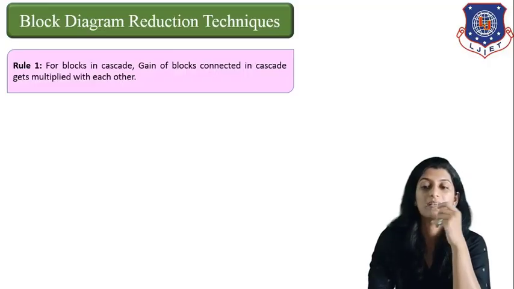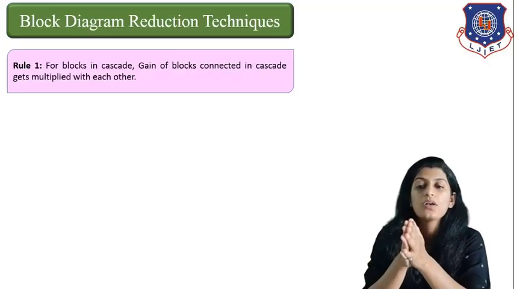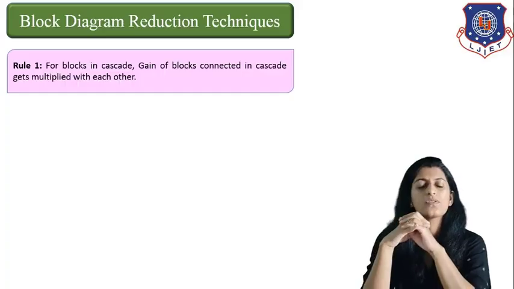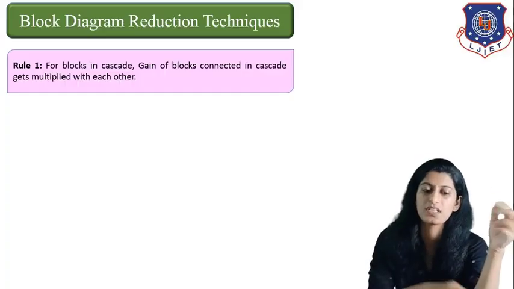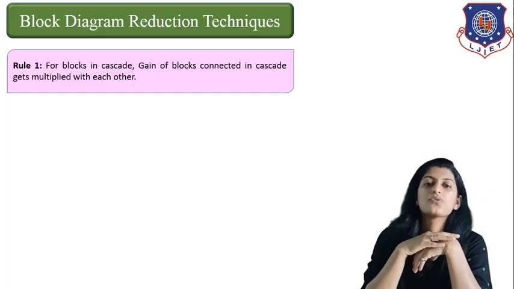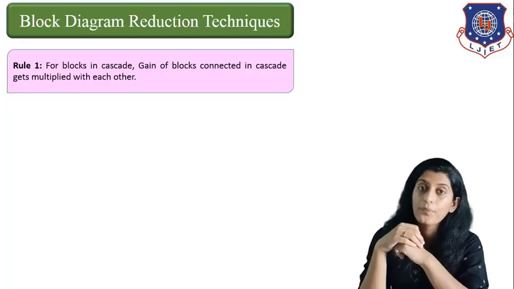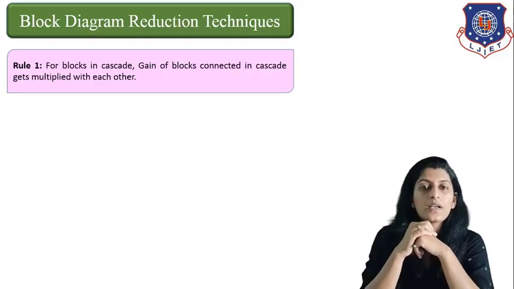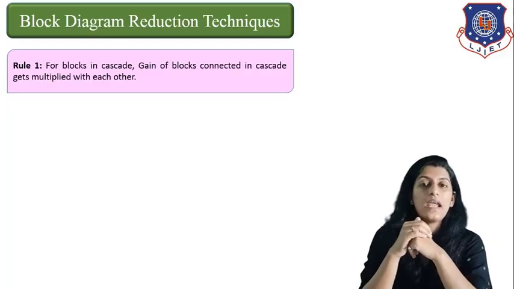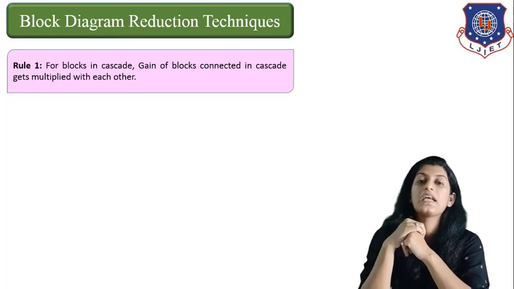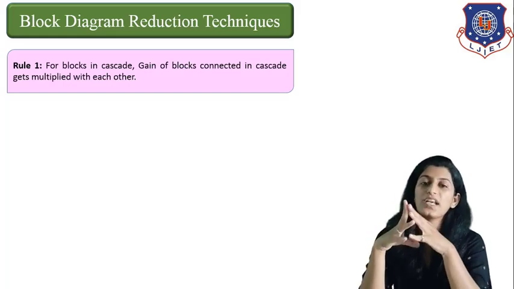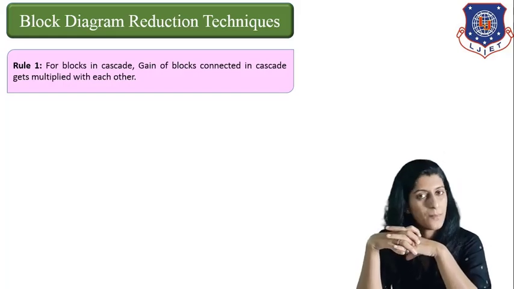Now the next term is block reduction. We have seen some basic terminologies which we will need to solve our numericals or to solve block diagrams. But now we will deal with 8 rules which are used to reduce any given block diagram.